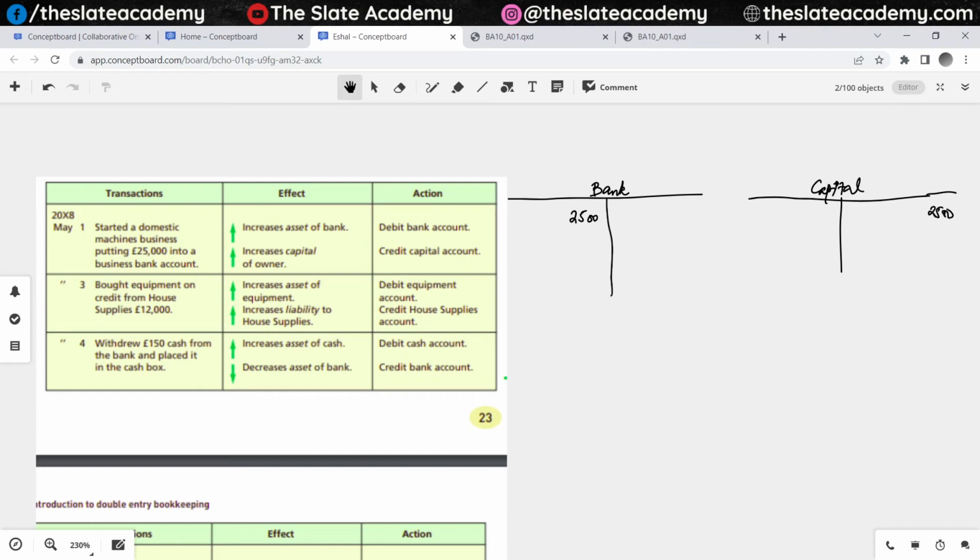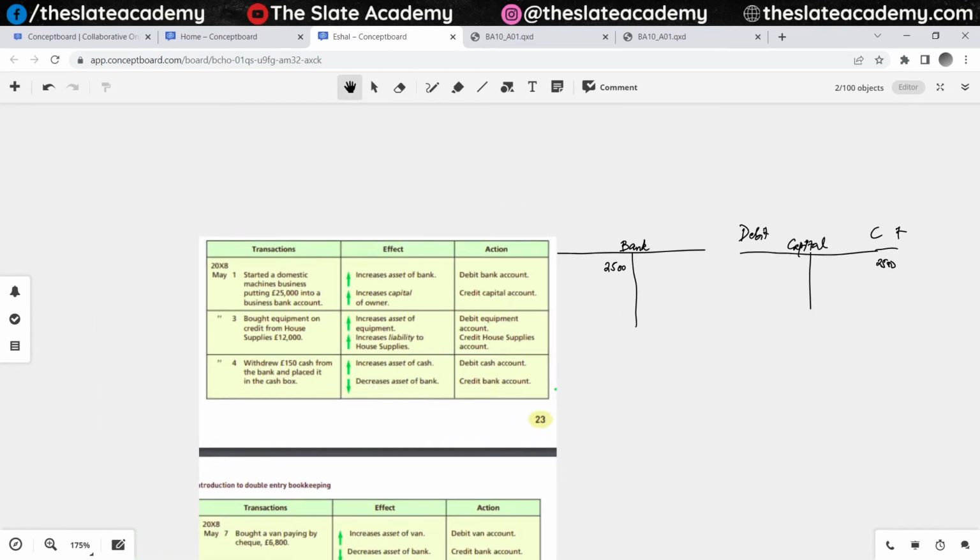The left hand side is called debit for all T accounts, this side is called credit for all T accounts. You don't have to write it, I'm writing it just to show you. For all the T accounts, whether it's bank, machinery, cash, debtors, anything at all, the right hand side of the T account is the credit side, the left hand side is the debit side.